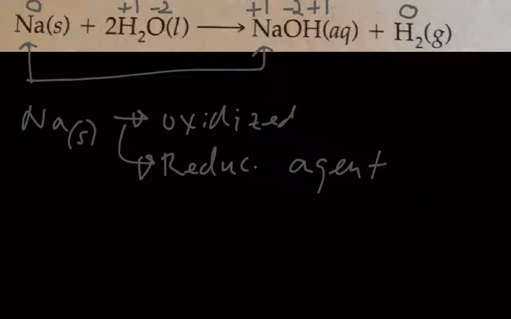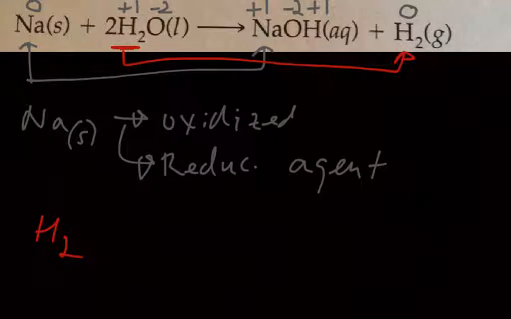Looking carefully again, we see that hydrogen went from +1 to 0. If you go from +1 to 0, you're being reduced, so we say H2 was reduced.